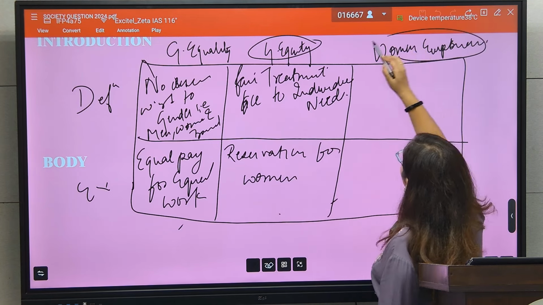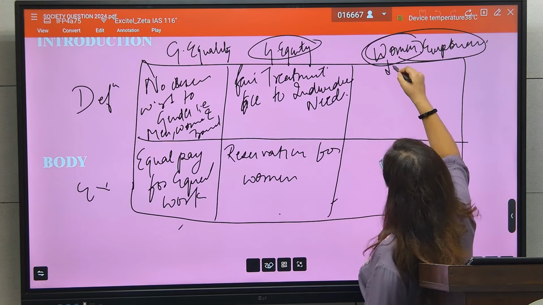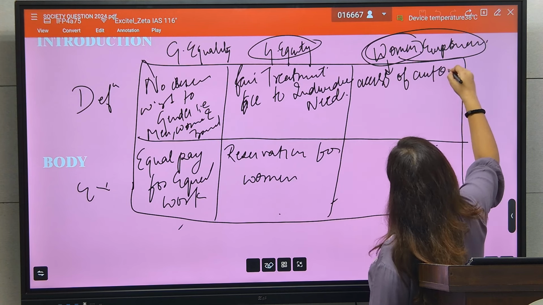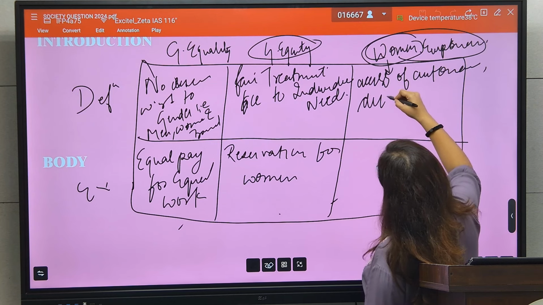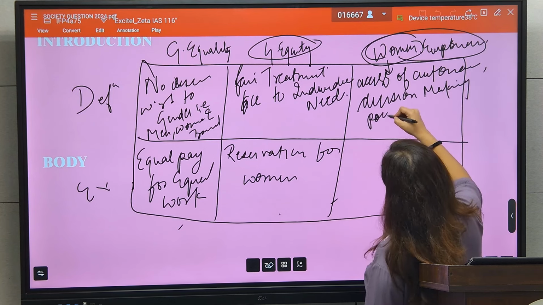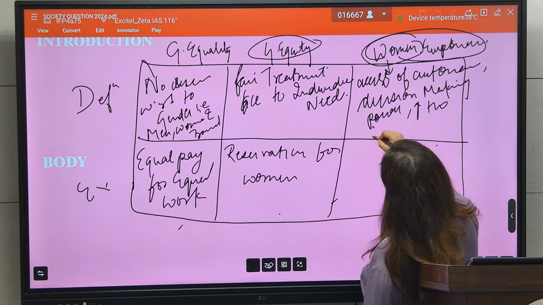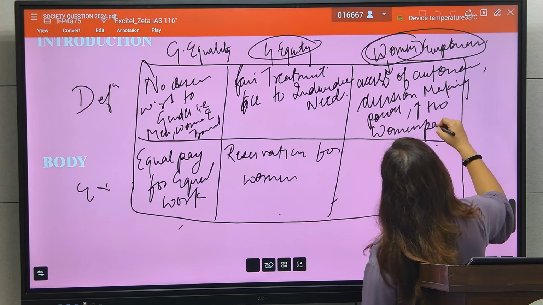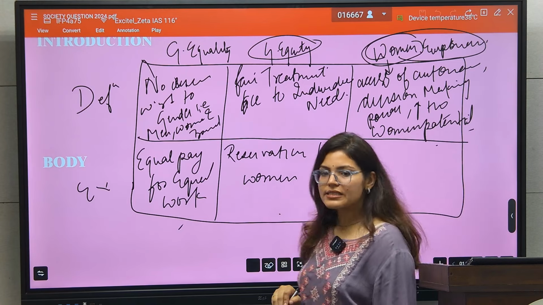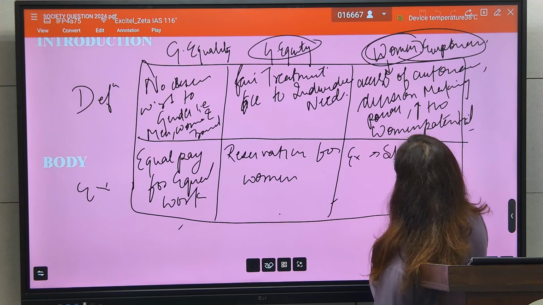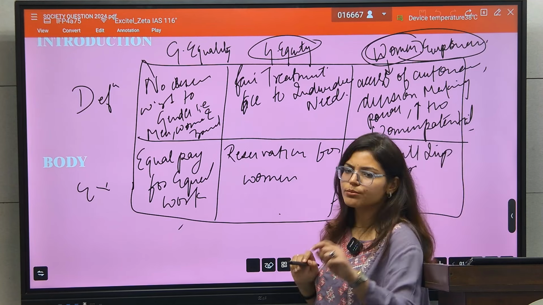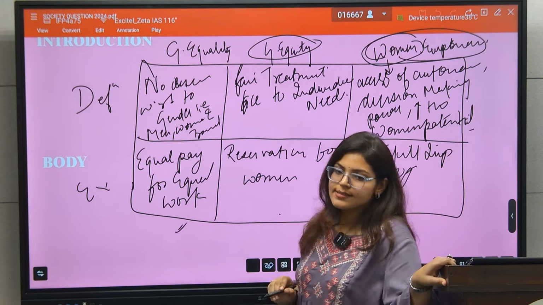Then women empowerment, specific towards women: access to autonomy, decision making power of women, or increasing women's potential. For example, there are many skill improvement programs. So in this way, you have to make a proper table in your answer.